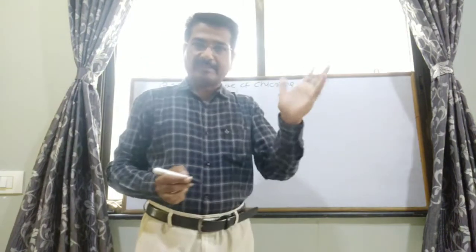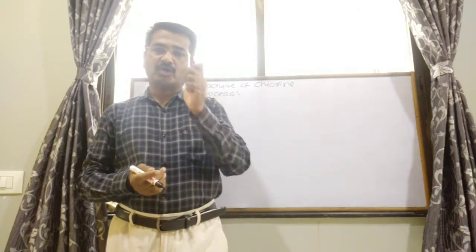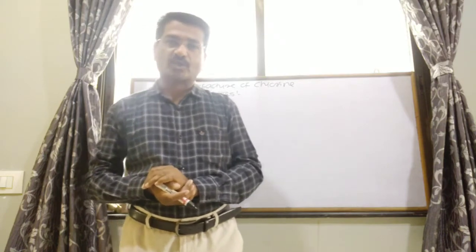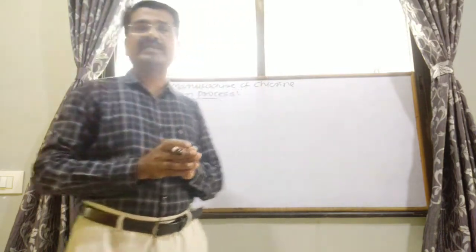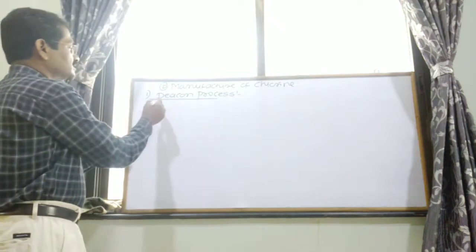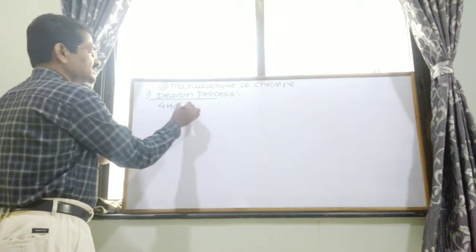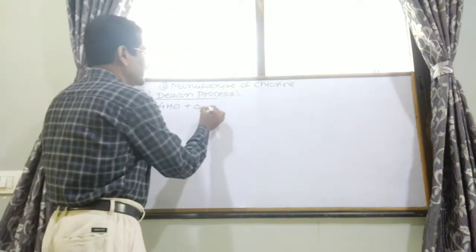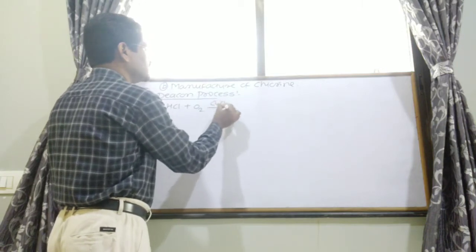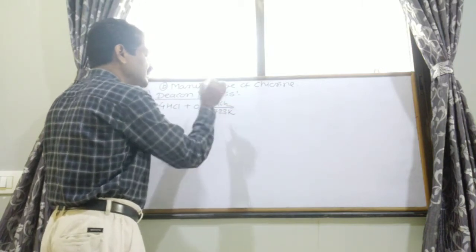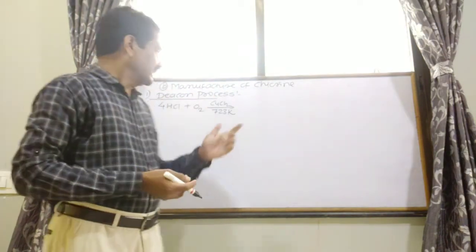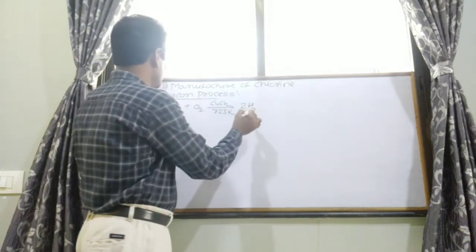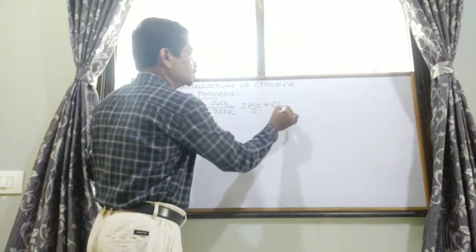How to prepare chlorine by the Deacon process? In the Deacon process, chlorine is prepared from hydrochloric acid by using cuprous chloride, CuCl2, heated at 723 Kelvin temperature. Hydrochloric acid is oxidized and converted into 2H2O plus Cl2.